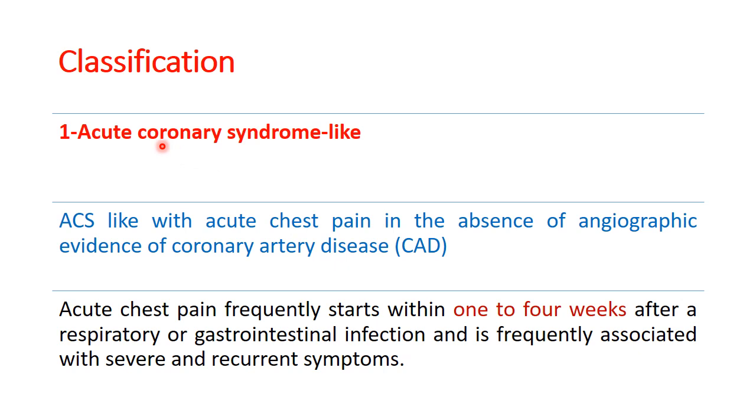Let's start with the acute coronary syndrome-like presentation. Patients with acute myocarditis may present with acute chest pain in the absence of angiographic evidence of coronary artery disease. The acute chest pain frequently starts within 1 to 4 weeks after a respiratory or GIT infection and is frequently associated with severe and recurrent symptoms.